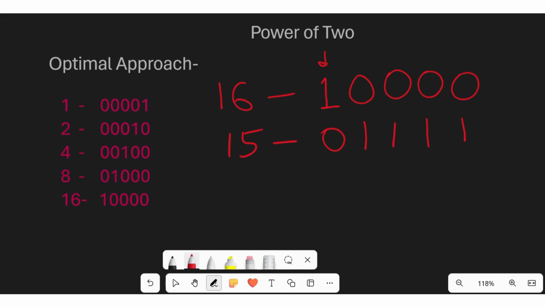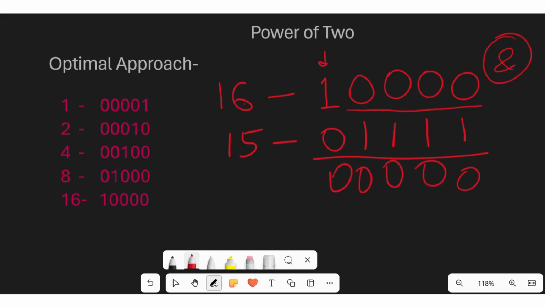Now the thing we have observed is that if a number is 2 to the power of something, and we write its binary and the binary of its preceding number and apply the bitwise AND, then between these two numbers we will always get 0.